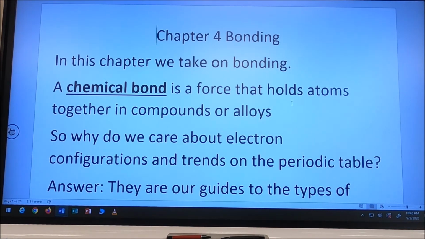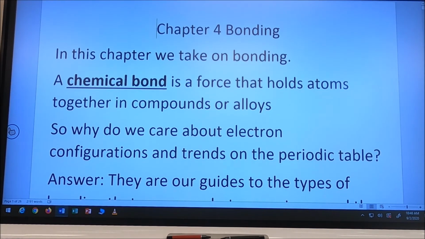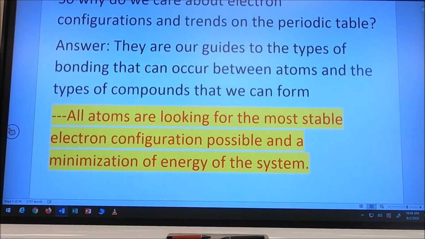A chemical bond is a force that holds atoms together in compounds or alloys. So we care about electron configurations and trends on the periodic table because they're going to be our guide to understanding what atoms are going to combine with what atoms, and it helps us figure out the ratios that they'll combine with each other and the type of bonding that can occur.